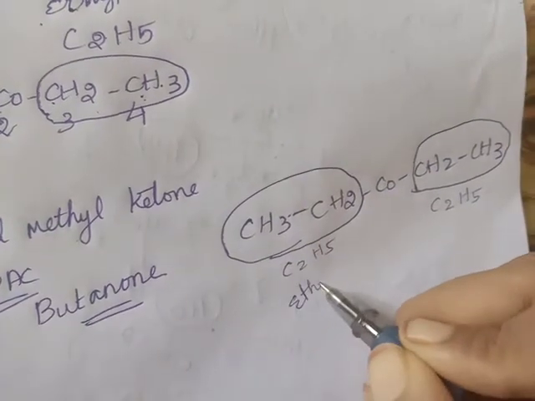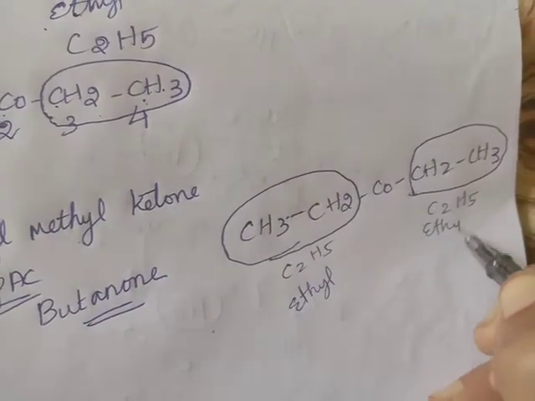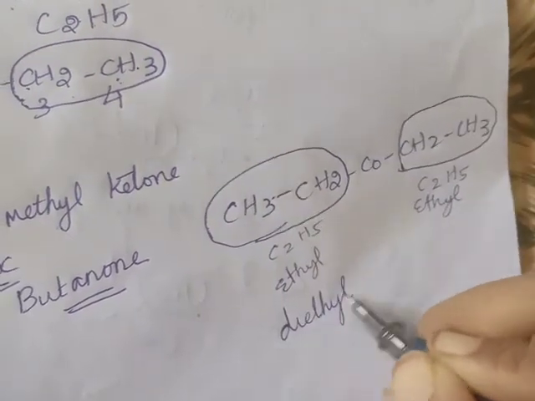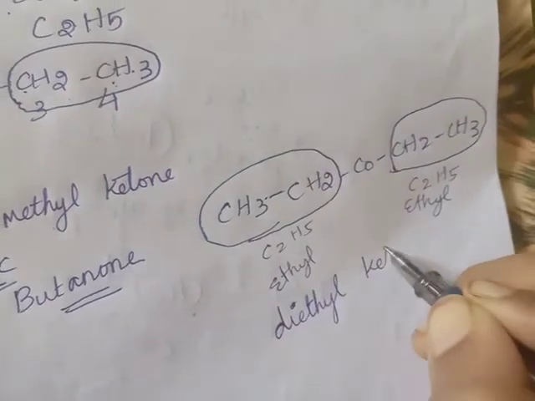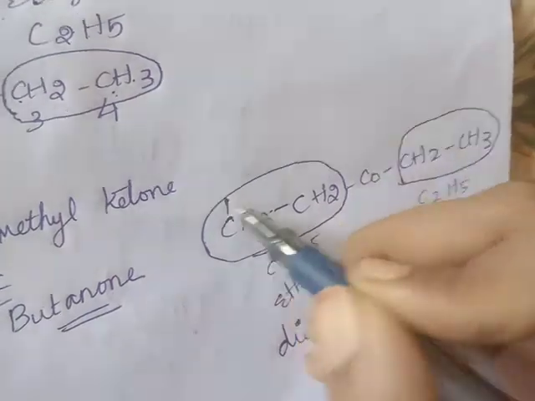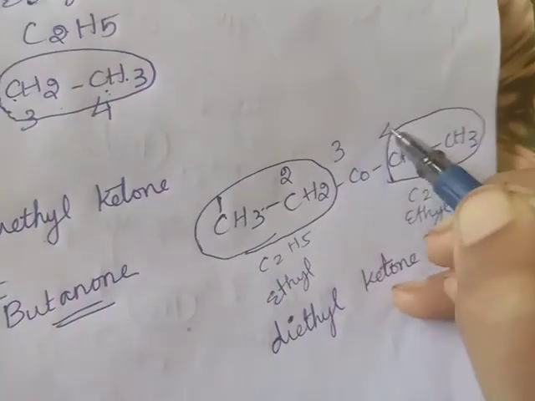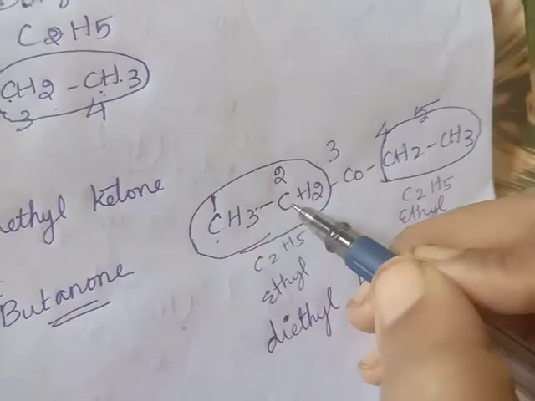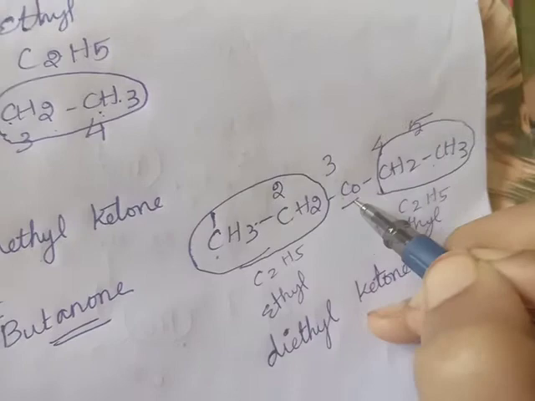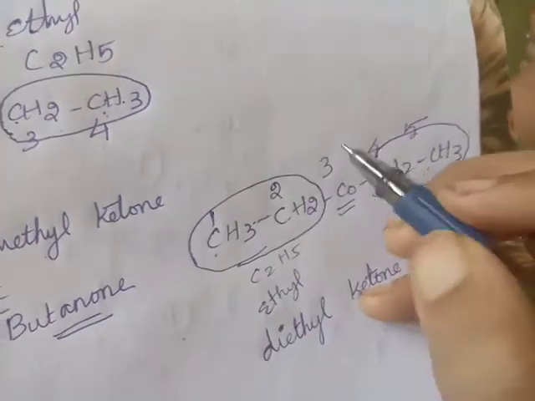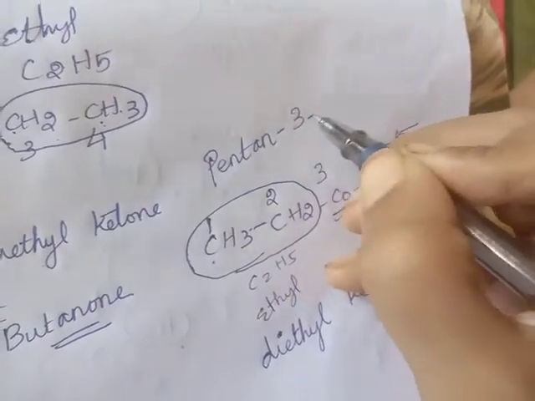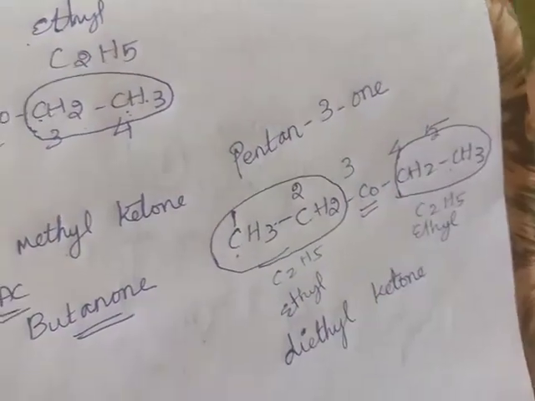So here one ethyl group is present, and here also one ethyl group is present. So this is known as diethyl ketone. Now the IUPAC name: count how many carbon atoms: 1, 2, 3, 4, 5. Methane, ethane, propane, butane, pentane. But in which carbon atom is the ketone group attached? The third carbon atom. So you have to write pentane 3-one. Like that you have to write.